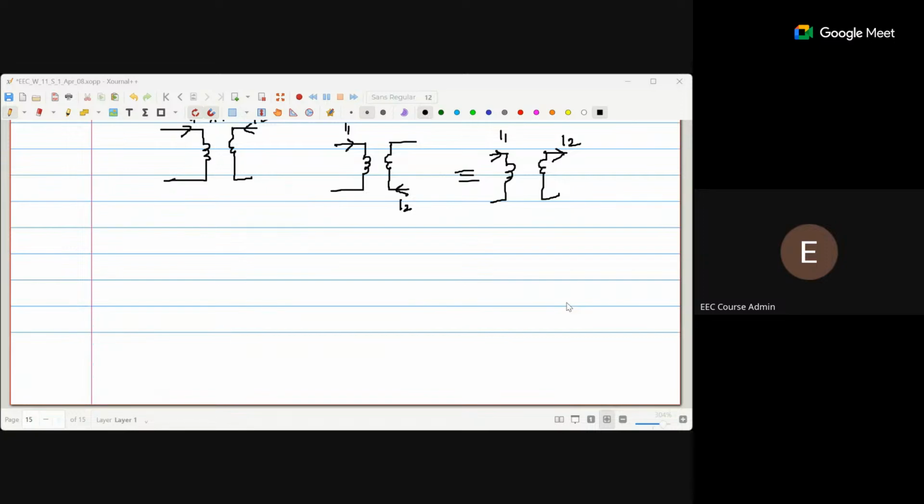33. An ideal transformer of n is to 1 turns ratio is to be used for matching a 4 plus J3 ohm load to a voltage source having 3 plus J4 ohm internal impedance. For what value of n is this matching possible?